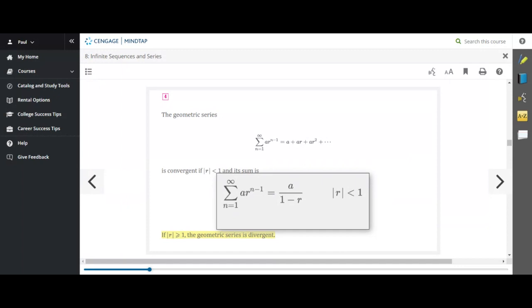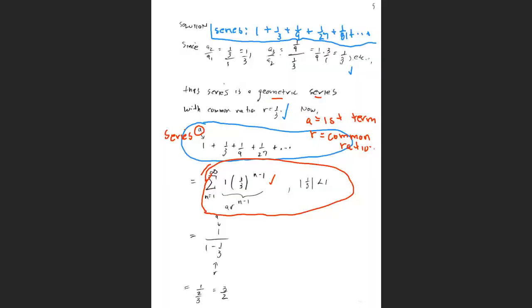So if I go back to the file here, what I did was I rewrote the series in terms of this sigma notation.